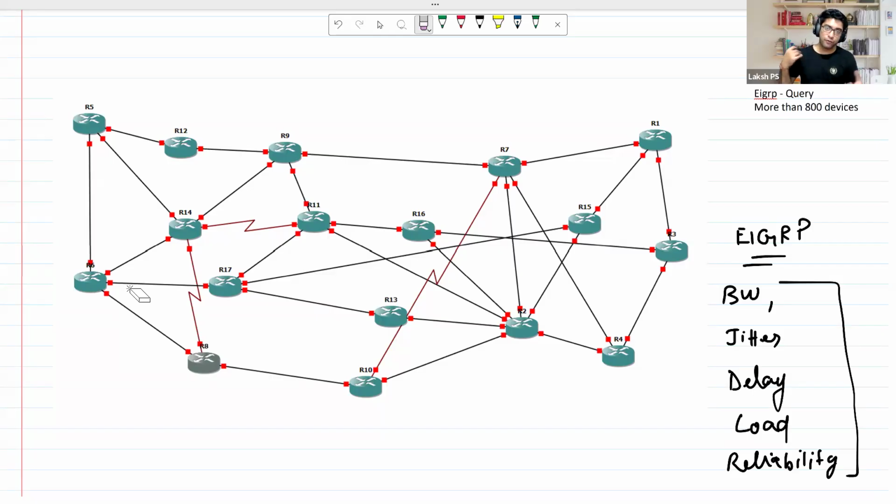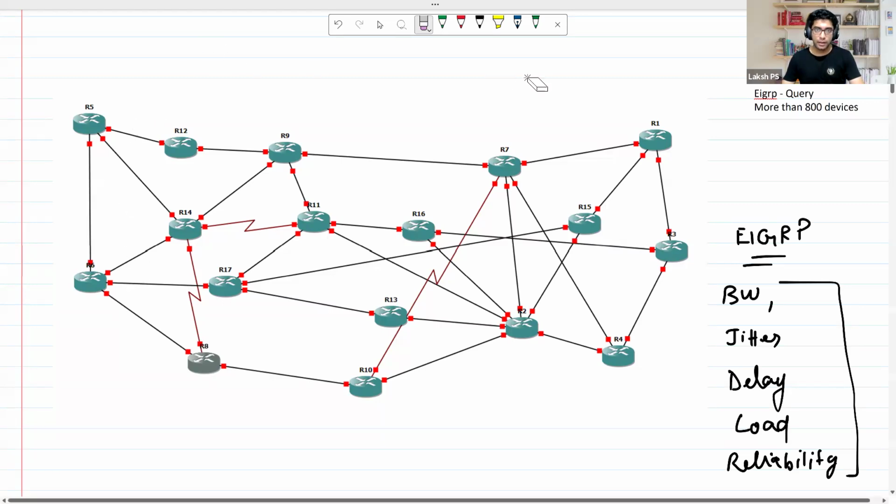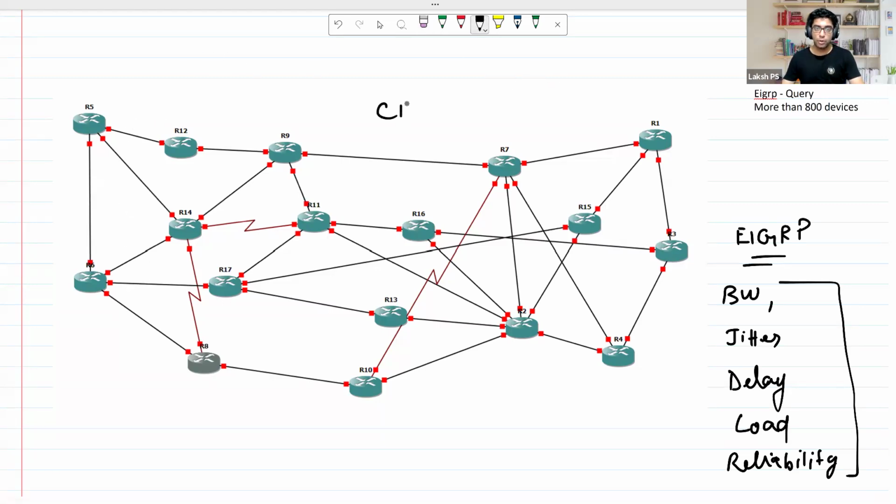Correct. So these are a few of the problems which is why EIGRP is not used in the service provider network. And the major reason is EIGRP is Cisco proprietary. Okay, it is a Cisco proprietary protocol. And in a service provider network, we know that not just Cisco devices are present. You have Cisco, Juniper, Aruba, HP, IBM, Nokia. There are a lot of vendor devices in the network.